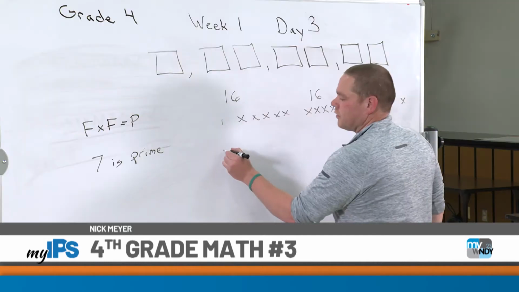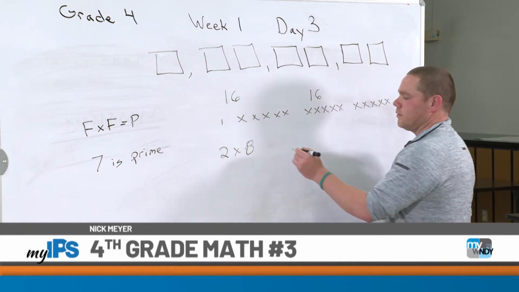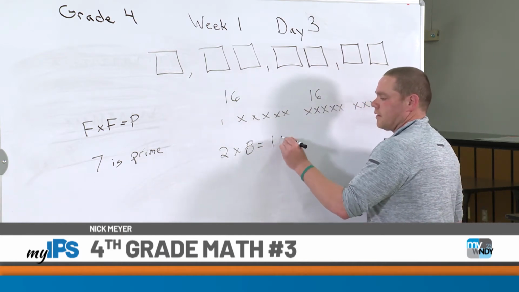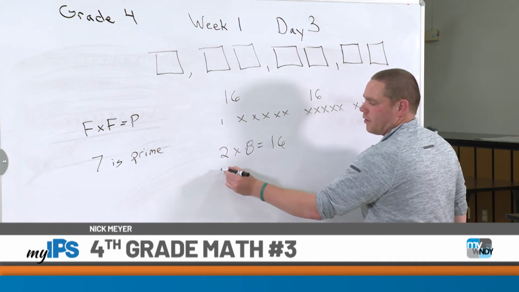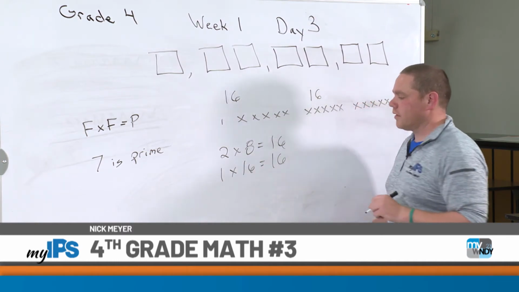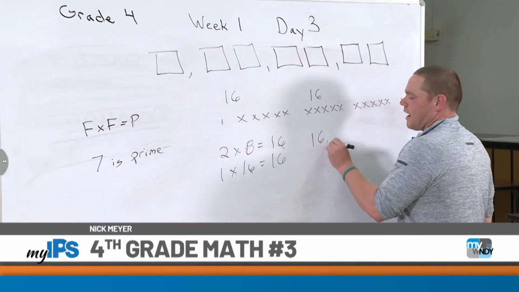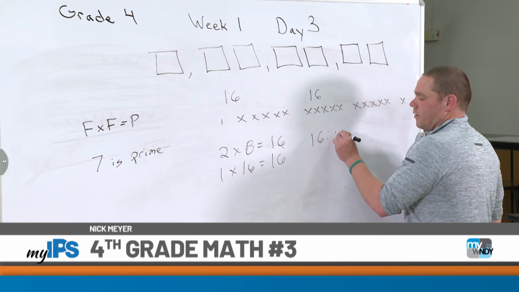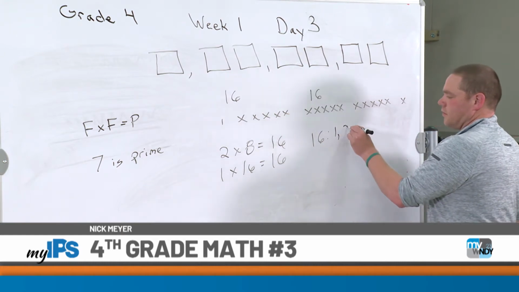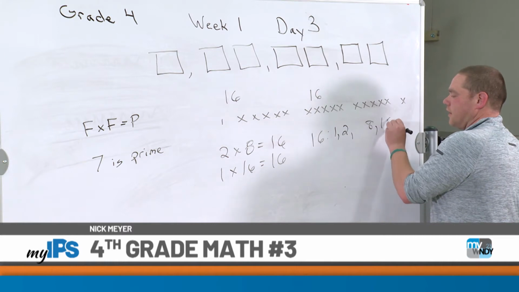I heard you. So you could do 2 times 8 equals 16. So we know that 1 times 16 and 2 times 8 both equal 16. So that has 1 as a factor, 2 as a factor, 8 as a factor, 16 as a factor.